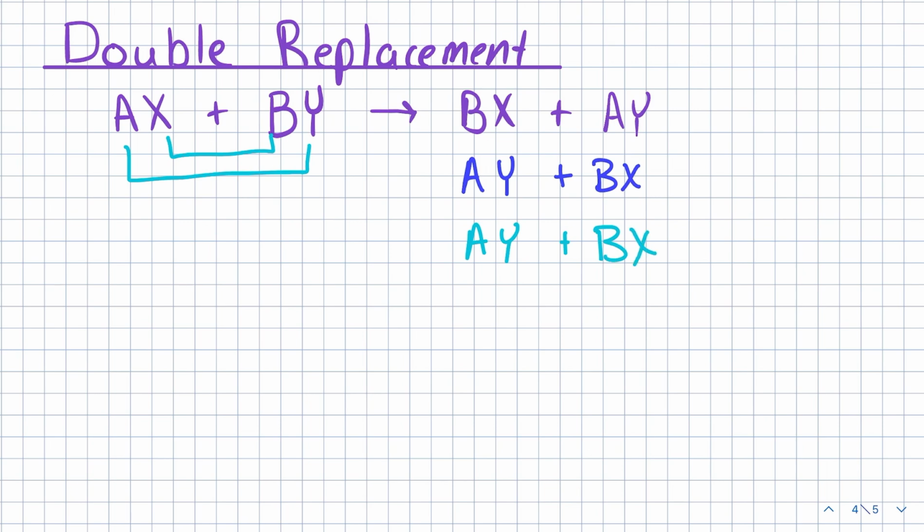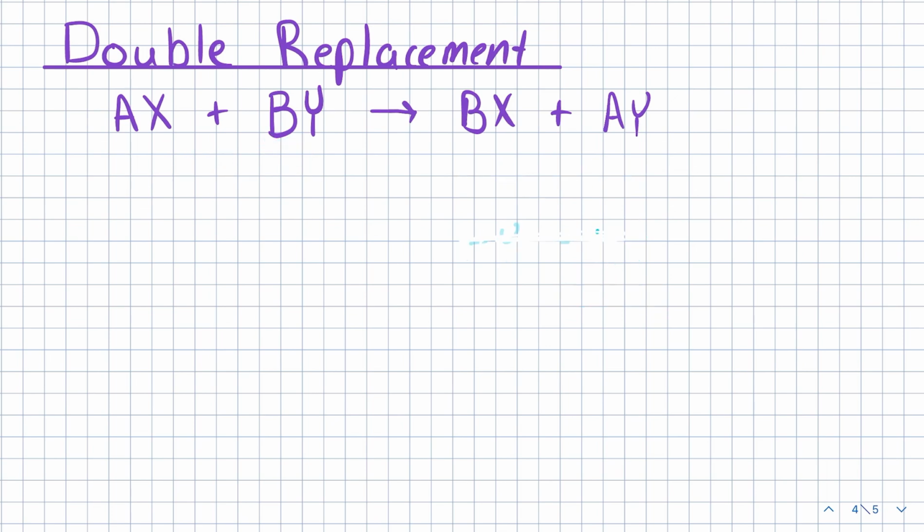If you do the outie and the innie, just make sure that your metal comes first. It should not be written as XB. The nonmetal never comes first. So I don't care exactly how you remember to form the products, as long as you remember it. So if any of those work for you, go for it.